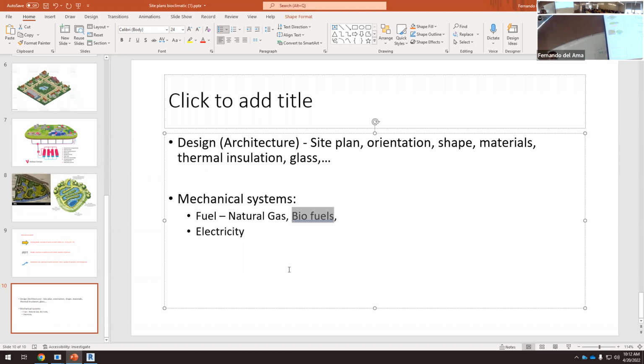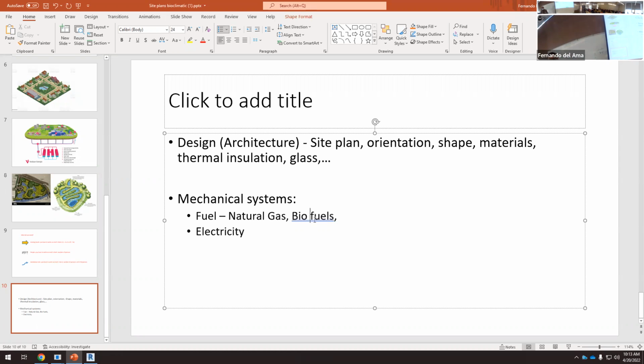But we have to take into account the CO2 that this plant has absorbed during its life and the CO2 that it's emitting. That's why we say that these kinds of biofuels are carbon neutral. They emit CO2 when we burn them, but at the same time they have been absorbing CO2 during their life.